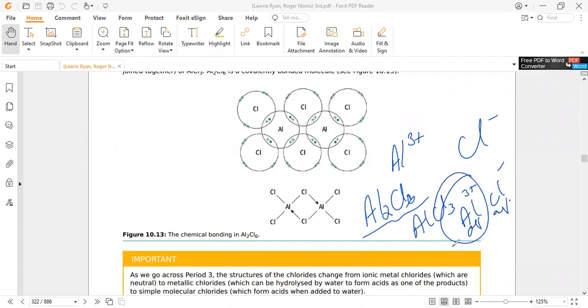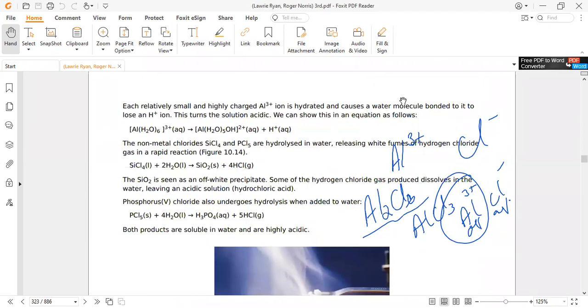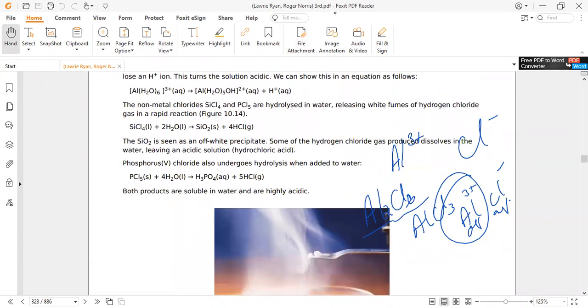This aluminum ion is hydrated, meaning water particles surround it. As water particles surround the aluminum, we write the equation of the aluminum in this way. This is the same as the aqueous aluminum we write here. These two forms are the same.